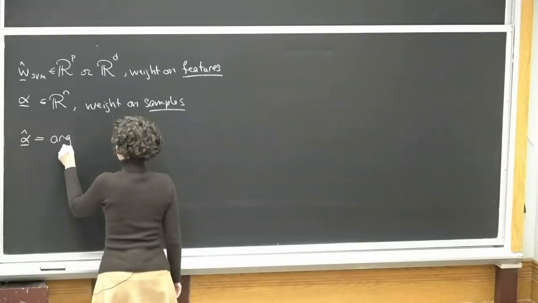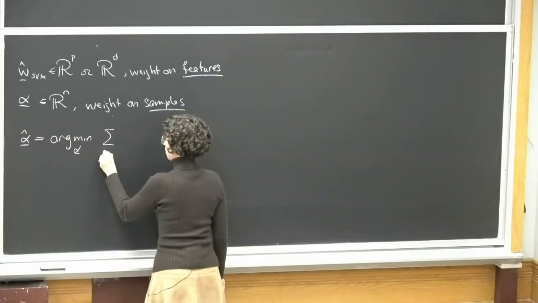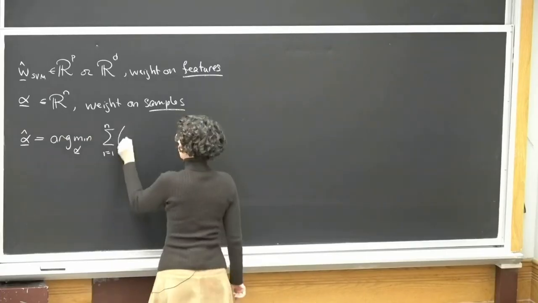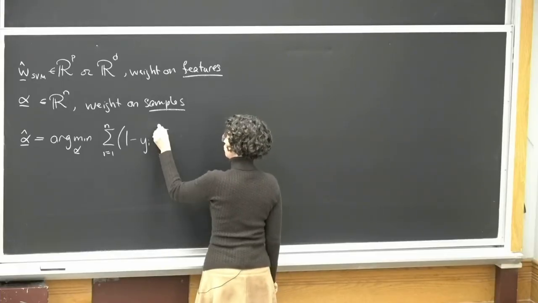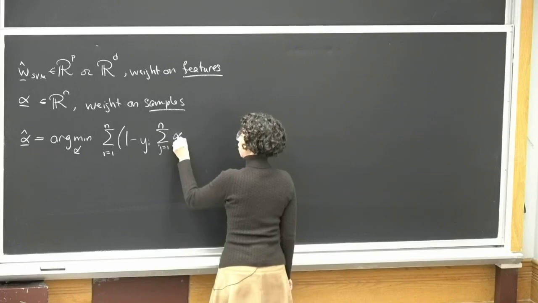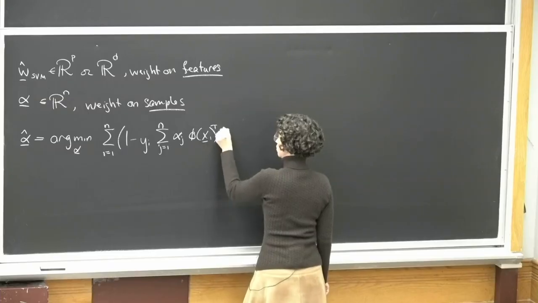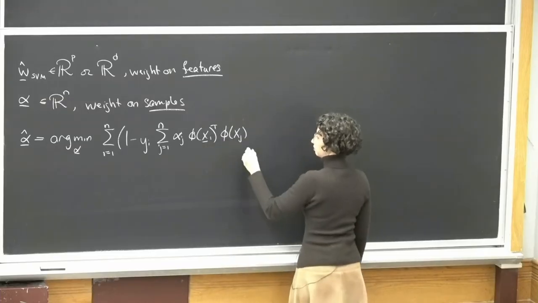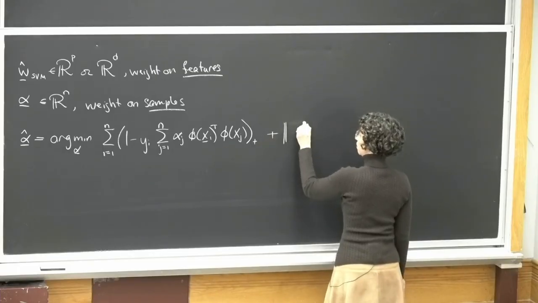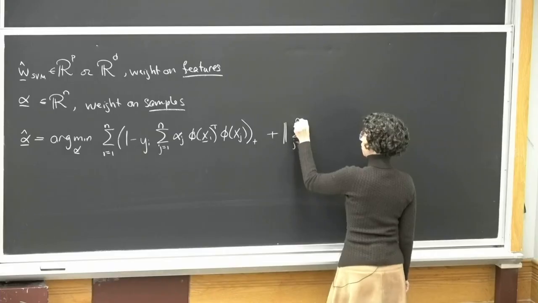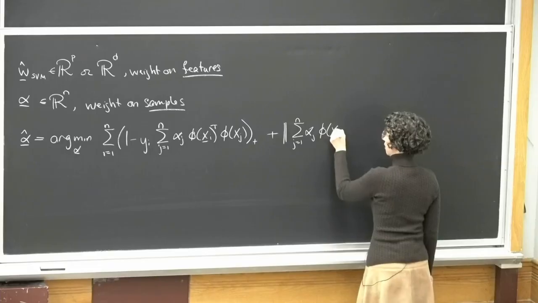So it is the argument alpha that minimizes the sum from i equals 1 to n of 1 minus y_i, sum j equals 1 to n alpha_j phi(x_i) transpose phi(x_j), plus lambda times the 2 norm of the sum from j equals 1 to n of alpha_j phi(x_j).